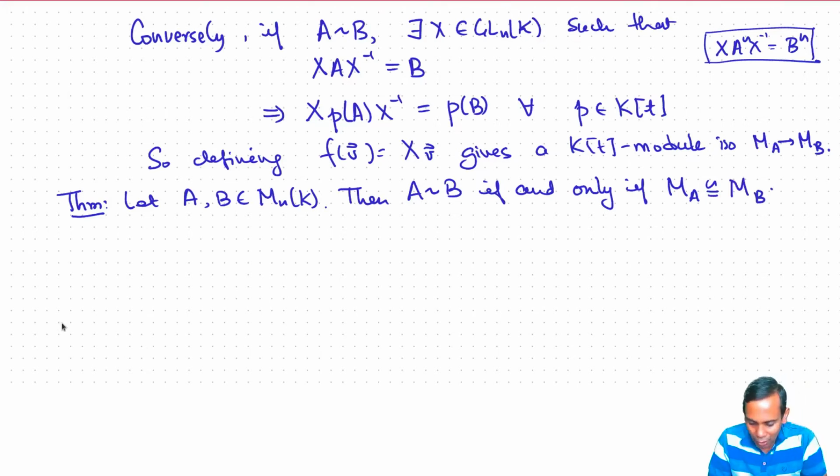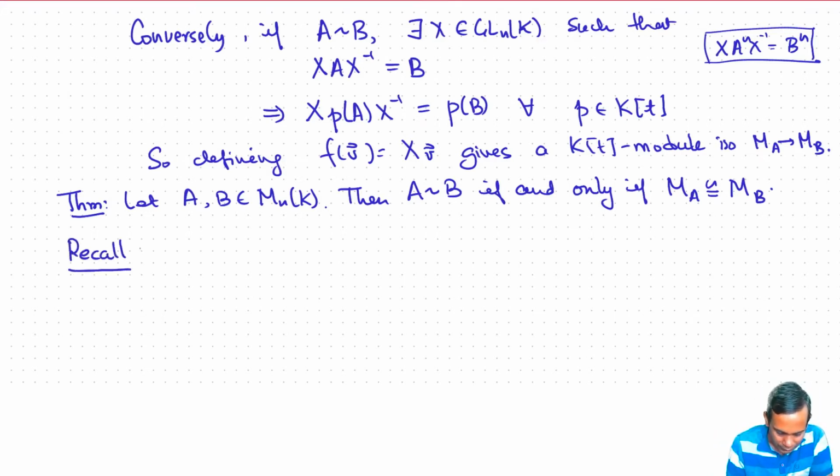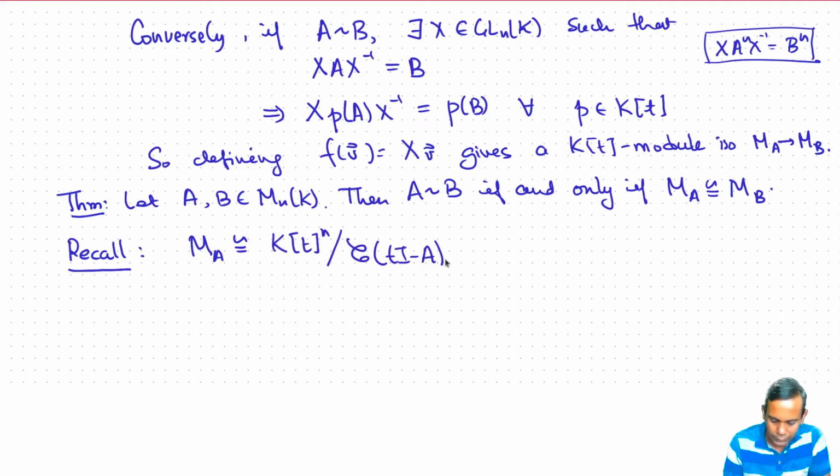Okay, now let's see how we can turn this into a way to decide if two matrices are similar or not. So remember that M_A, this module we've seen, is isomorphic to K[T]^n mod the column space of TI minus A. We saw this last week.